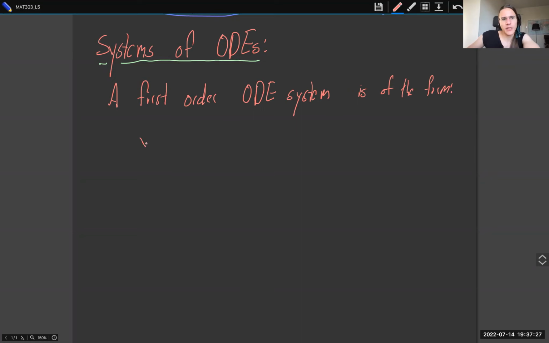The unknown functions are going to be y1 through to ym. And we're going to say what their derivatives are. Their derivatives are going to depend on what x is. Then they're going to depend on all of the values that these take.